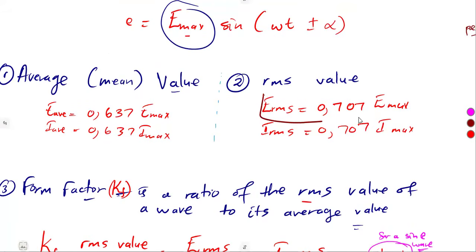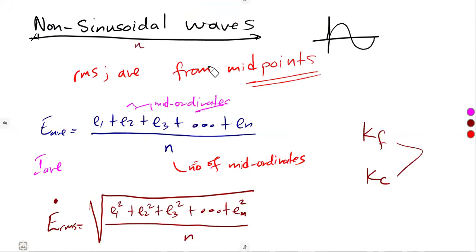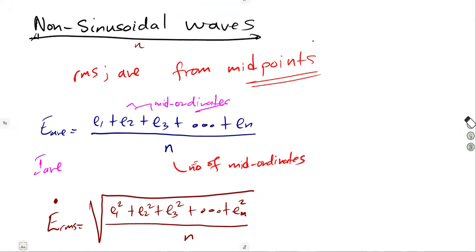Remember, we can also have the maximum value as the subject. Remember, I said when you are given mid-ordinates or midpoints, they do not give you those maximum values. So you're going to make maximum the subject of the formula. If it is current, the subject of the formula from the average value or from the RMS value, depending on which one you are capable of, you're going to have the same answers from there. So that is it, guys, on this part.